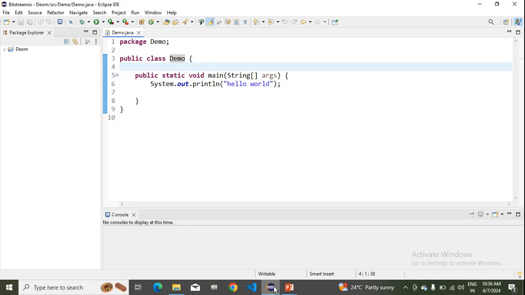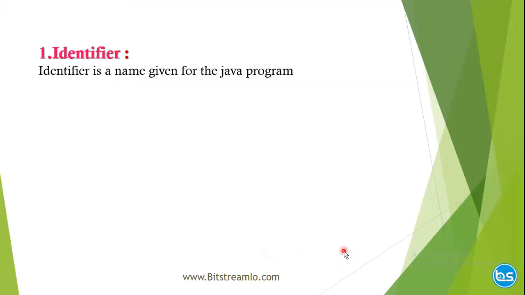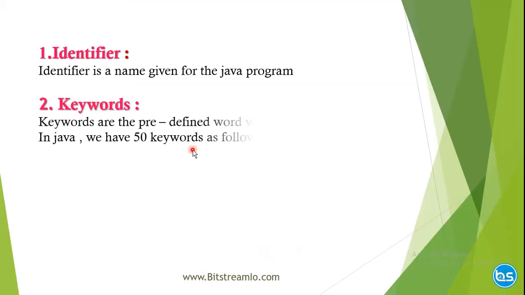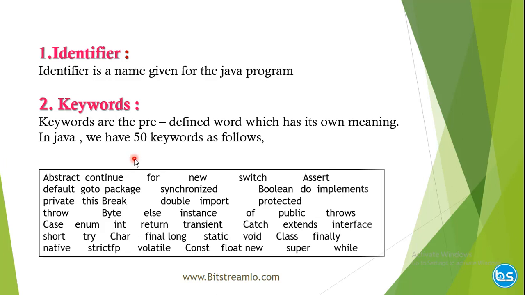And what is the next topic? That is keywords. Keywords are predefined words which have their own meaning in Java. There are nearly 50 keywords, for example public, class, super, while, for, new, float, abstract, and so on. These are all keywords.